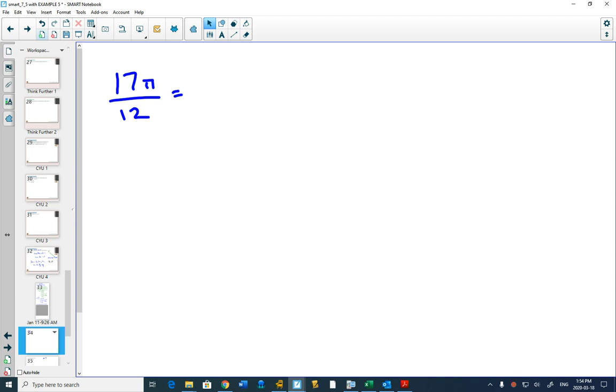Yes, we got one. That one's off. You're not allowed to use that one. If you think this makes 8 pi over 12, and this makes 9 pi over 12, 8 pi over 12 plus 9 pi over 12 is 17 pi over 12.